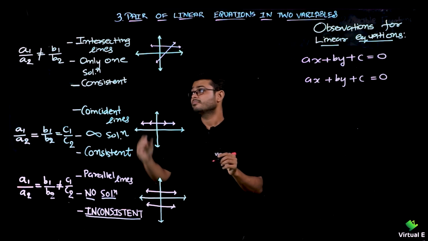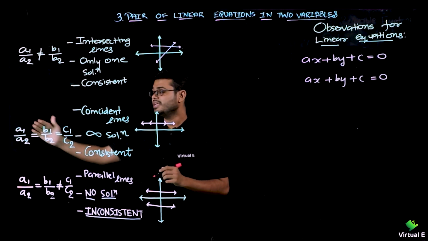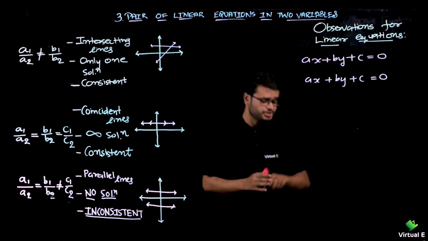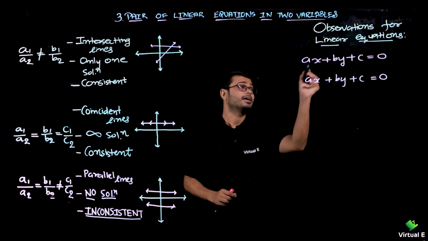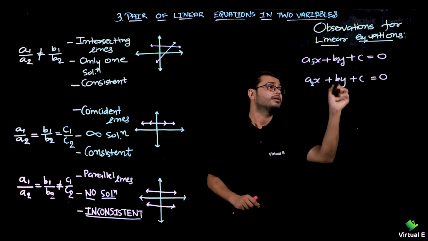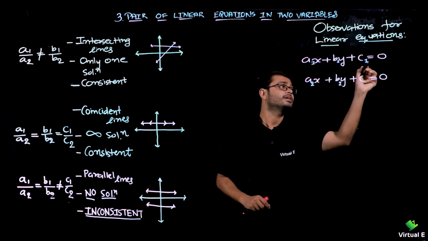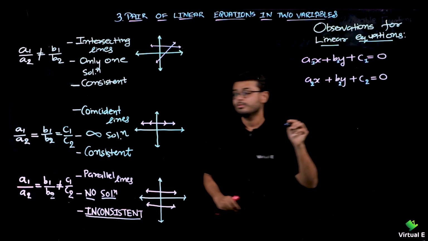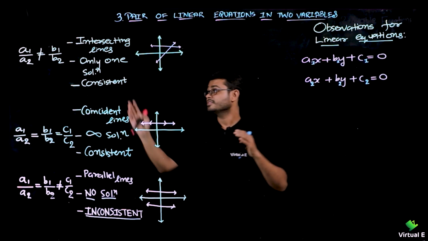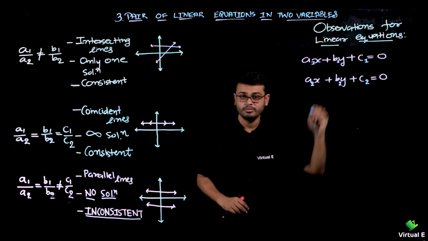So you must have got the idea what A, B and C is, not about 1, 2. So if I am naming the first equation, I will write as A1, then A2, B1 and B2, C1 and C2. 2 number denotes about the equation number 2 and first number denotes about equation number 1.